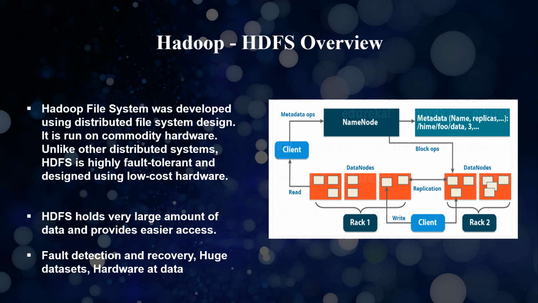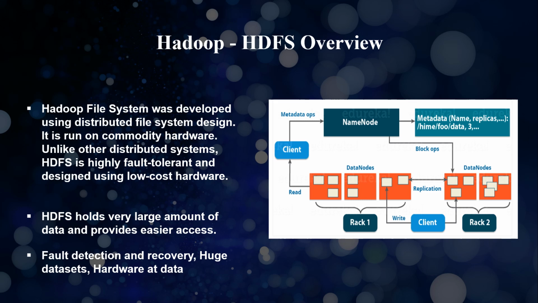HDFS, Hadoop Distributed File System, is utilized for storage, permissions, and processing. It is mainly designed for working on commodity hardware devices, inexpensive devices, working on a distributed file system design. HDFS is designed in such a way that it believes more in storing the data in large chunks of blocks rather than storing small data blocks.